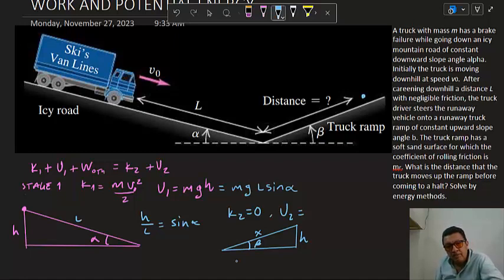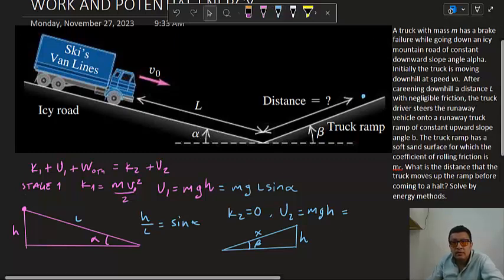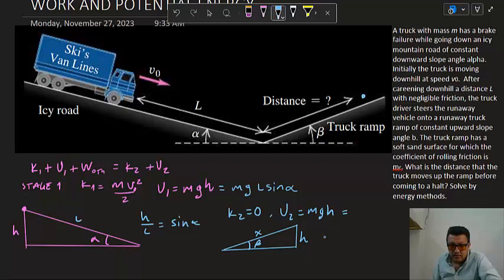So potential energy is the same: mass, gravity, and this height. And the height can be calculated: sine of beta angle is the opposite side, h, over x.